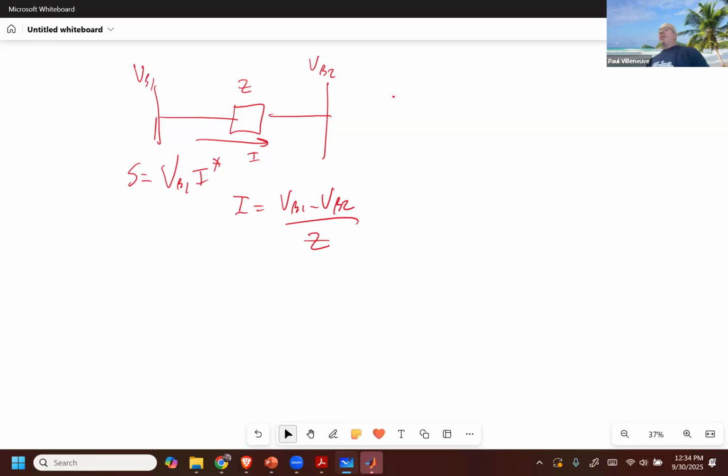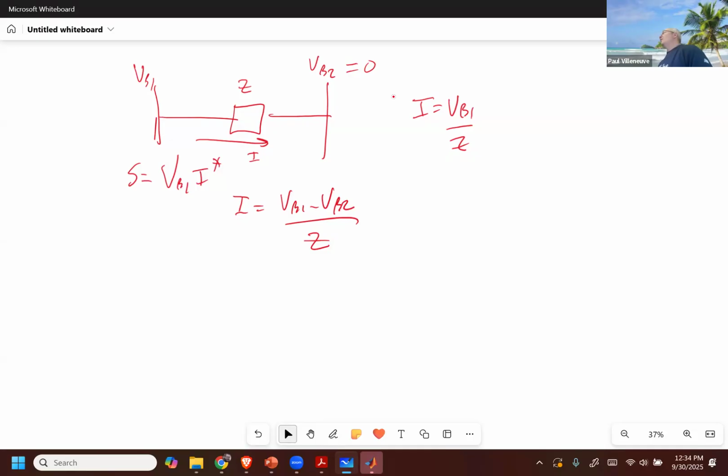The other thing that people got a little messed up on: they solved for the current I being VB1 over Z. What's wrong with that? That doesn't take into account the difference between the two, or it assumes that this voltage would be 0. Would you ever design a power system where one of your substations has all the voltages at 0?